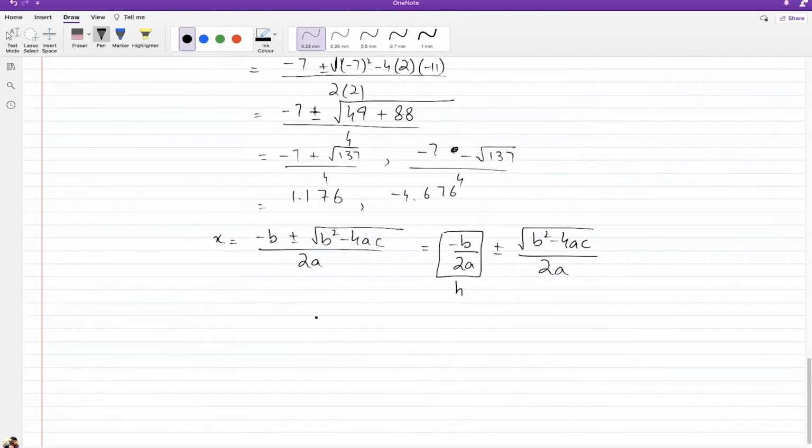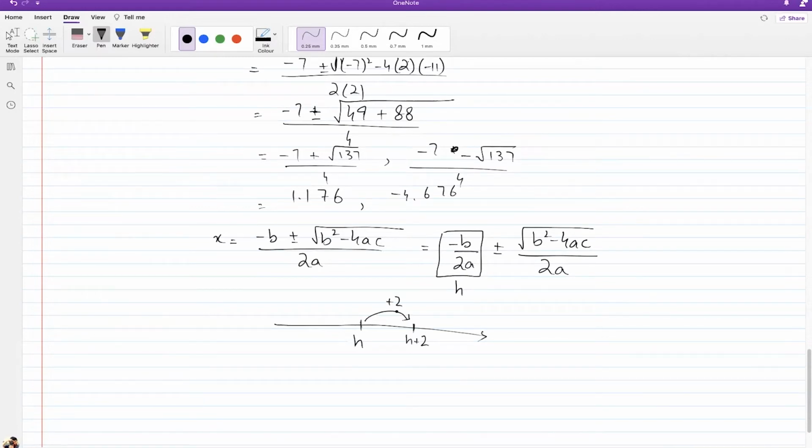And let's suppose I have a number line. This is my h. Let's suppose I add 2 to it. So I'll get here, right? H plus 2. I've added 2 and gotten here. I subtract 2 from it. I'll end up here, right? I'll get h minus 2. And I'll end up here.